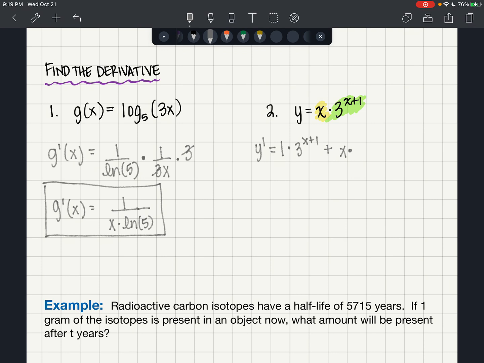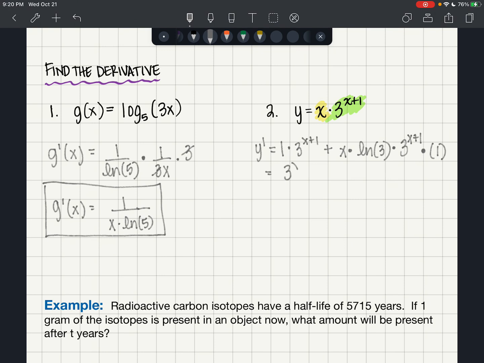And the derivative of the second factor is the natural log of the base times 3 to the x plus 1 times the derivative of the exponent. So the derivative of the base times the exponential expression itself times the derivative of the exponent.